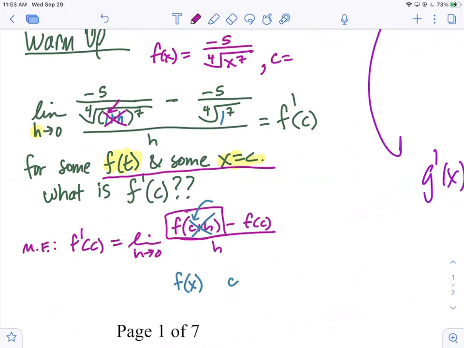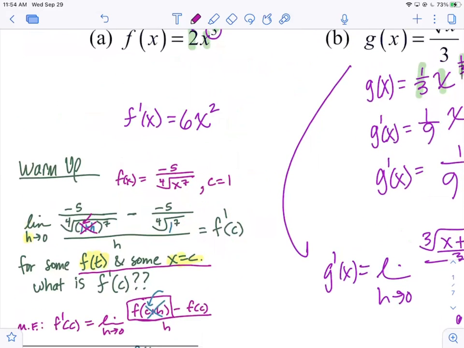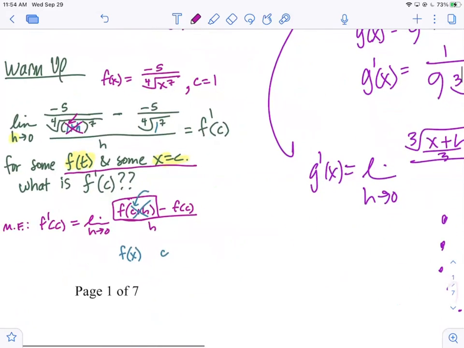Peek underneath there and you get c equals 1. So that second term is not part of the function. That second term must be f of c, which must be our function evaluated at 1. And is it, if you identify it? Yeah. And it's kept in its unsimplified form.